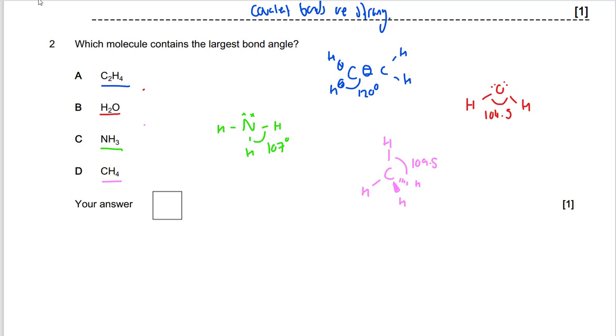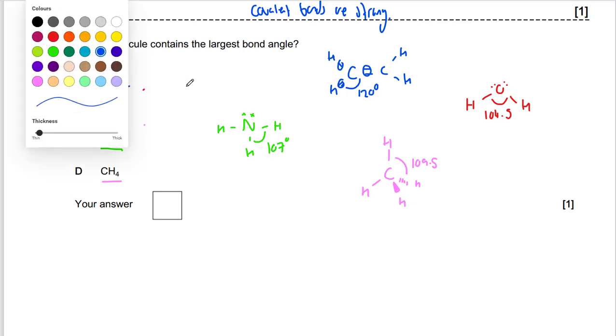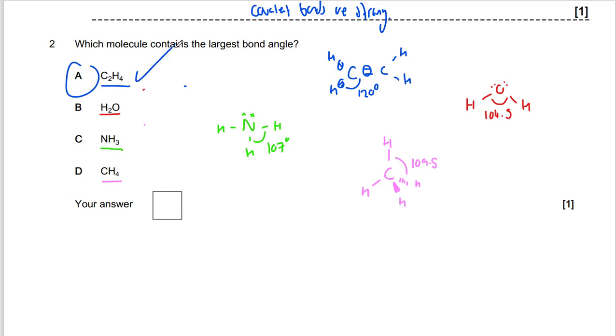Therefore, the answer to the question is A, because that has the greatest angle at 120. This is why learning all these bond angles and shapes go hand in hand, because if you can work out the shape from the number of bonding regions, the bond angle just goes with it. Okay, so it's definitely something you can just brute force learn, without much effort.